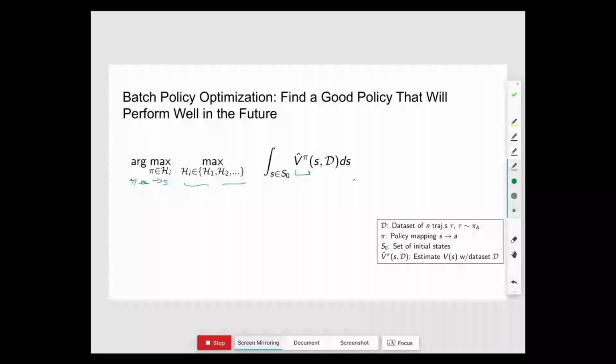So you could have very different function classes and hypothesis spaces. And so you might want to be doing some form of model selection. And we just want to figure out whichever one of these is best in a way that gives us guarantees for the future. So we don't really care about how well we're doing on our training set. What we care about is that the policy that we pick, when we deploy it, is going to do well.